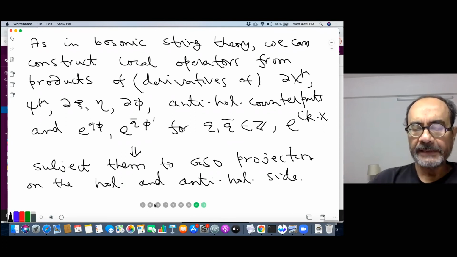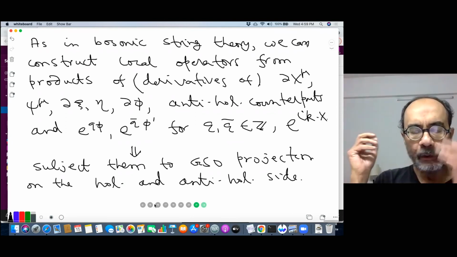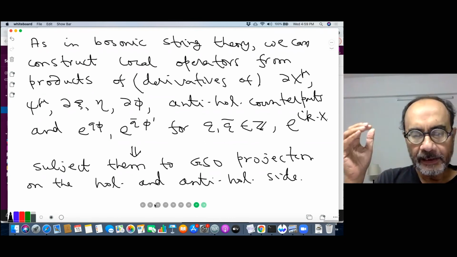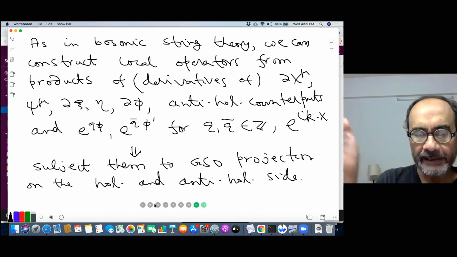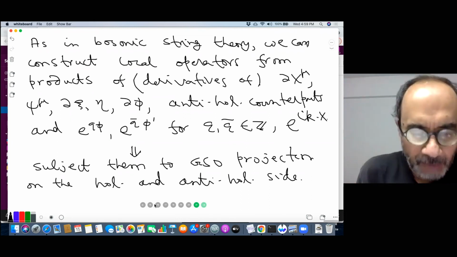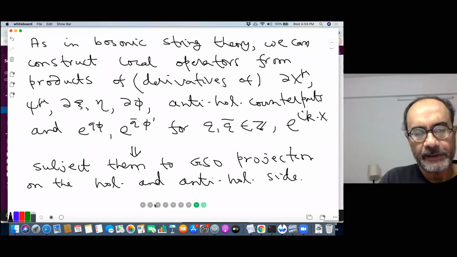Okay. So roughly GSO projection reduces the number of allowed operators to 1/4 of what the total set was, right? Because you are applying a Z2 projection on the left and a Z2 projection on the right. So roughly it just reduces the number of operators you started with by half times half.